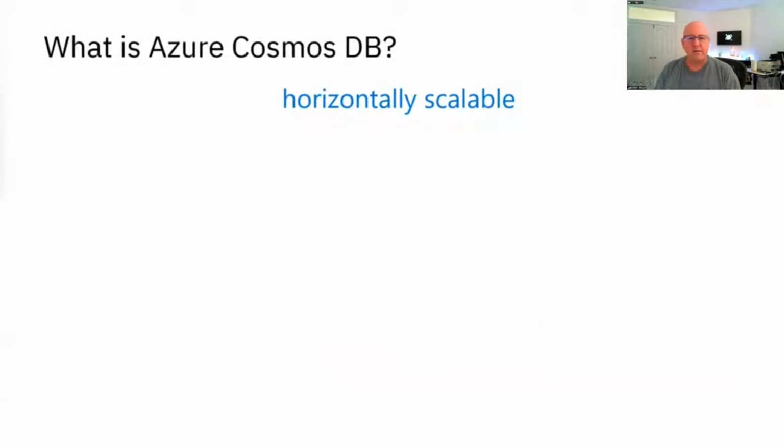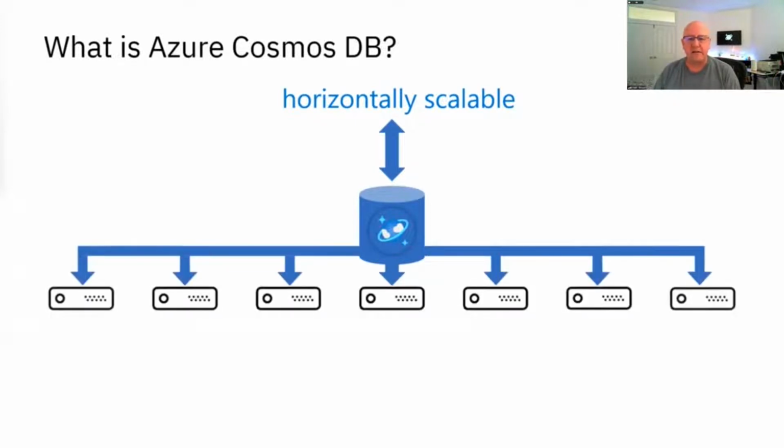So let's talk about some of the horizontal scale aspects of Cosmos DB. Unless your app or your database is really small with just a little bit of data, your requests and your data are likely going to be stored on a number of different physical servers or partitions within something we call a container. That's a logical wrapper around these physical partitions that we store your data in. In Cosmos, we abstract all this out of the way.